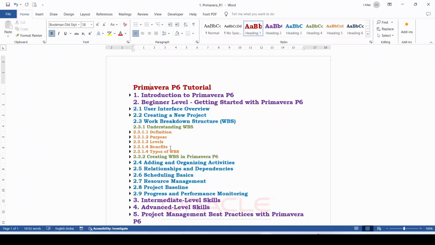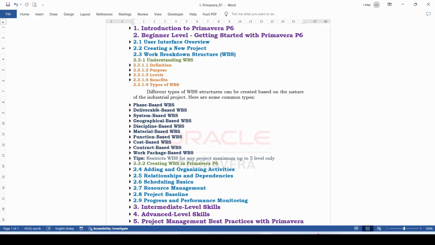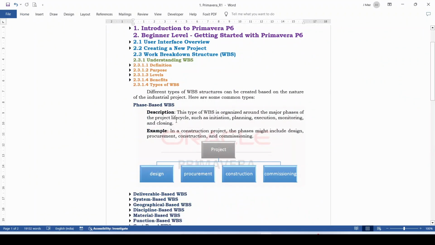In the modern industry, there are several types of WBS being created. Now let's discuss each of them one by one. First one is phase-based WBS. This type of WBS is organized around the major phases of the project life cycle, such as initiation, planning, execution, monitoring, and closing.